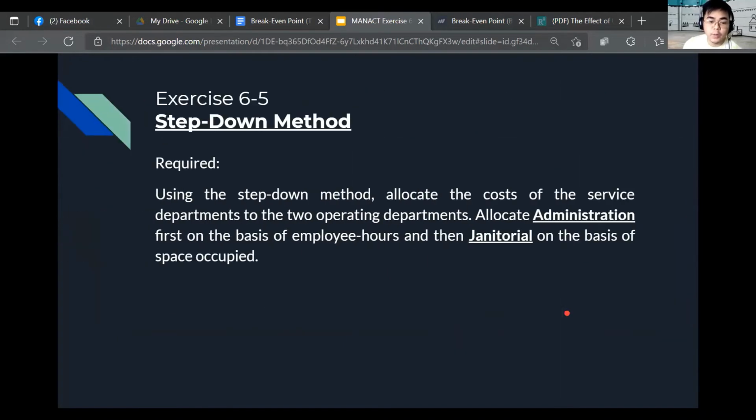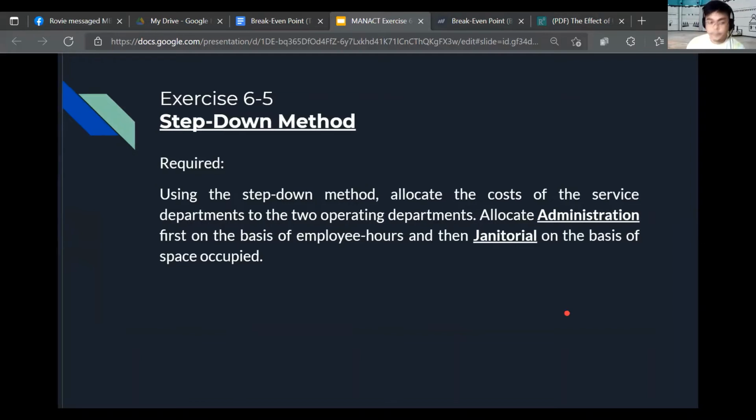The requirement on this item is using the step-down method, allocate the cost of the service departments to the two operating departments. Administration costs will be allocated first on the basis of employee hours, and then the janitorial using the space occupied.